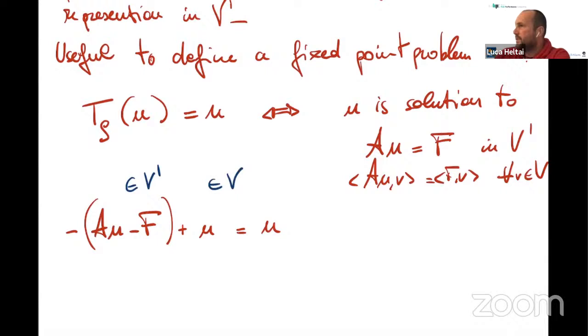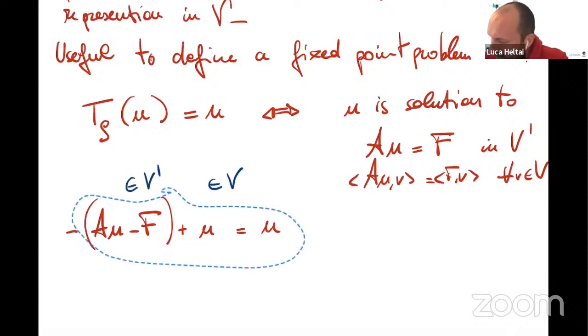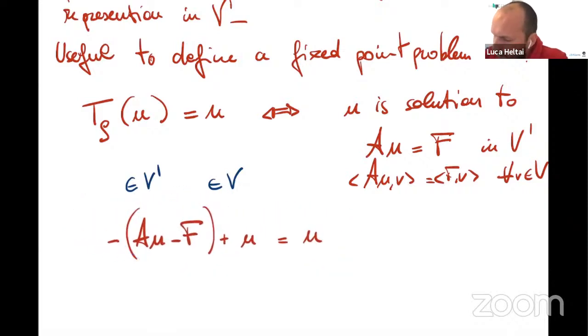And so the idea is, well, let's try to do the same thing with an object that belongs to V instead of V prime. The principle behind the construction of such an operator is exactly the following. Instead of this, we write minus rho tau, where tau is the Riesz operator that we just defined.